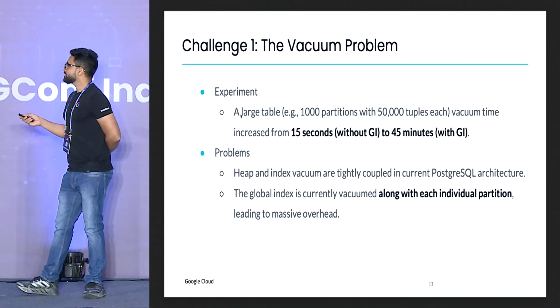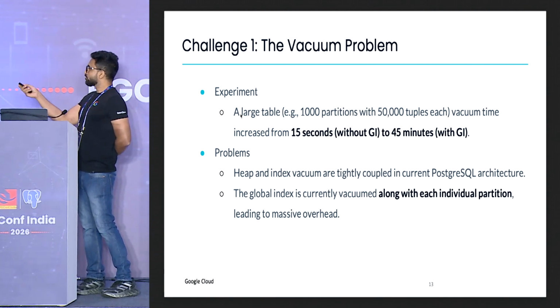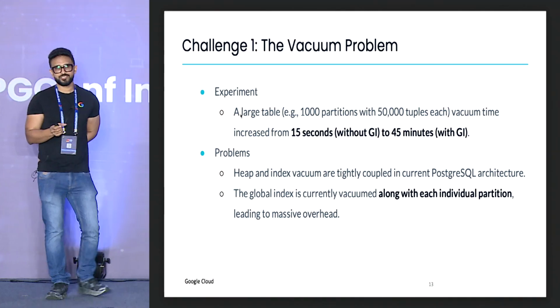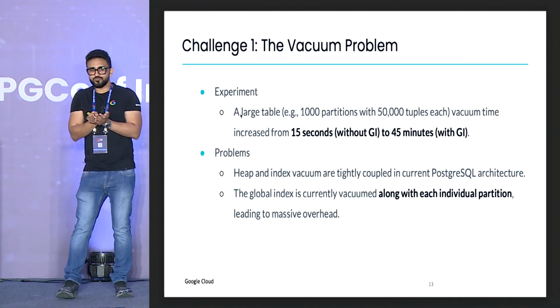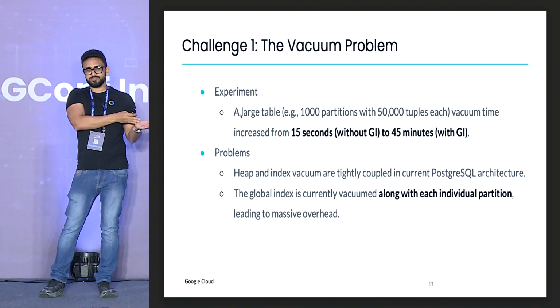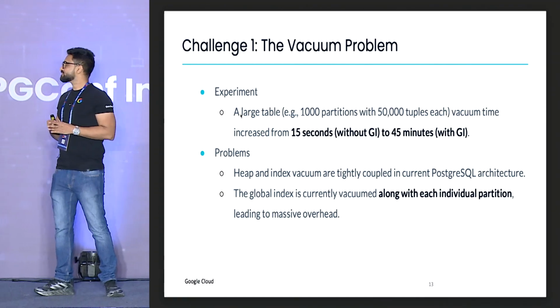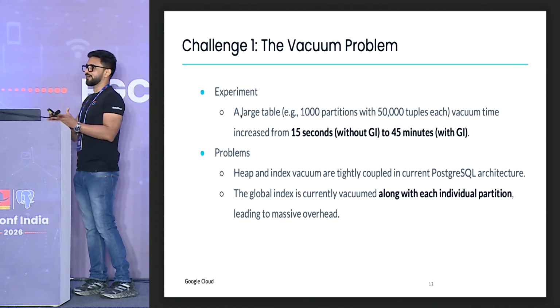But the problem with the global index is, when you are scanning any partition, you collect some dead TIDs, right? And those TIDs need to be removed from the local indexes as well as from the global index. So the global index, which contains the data of 1,000 partitions, gets vacuumed for every partition.